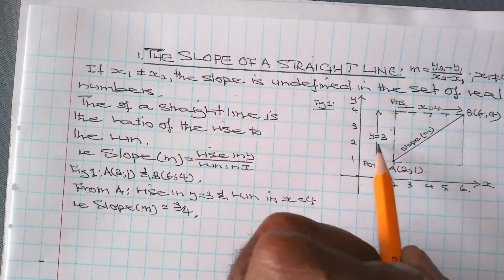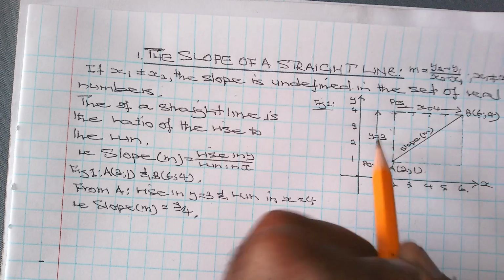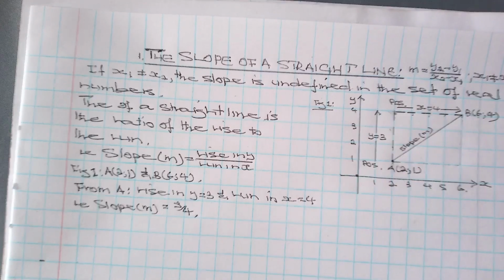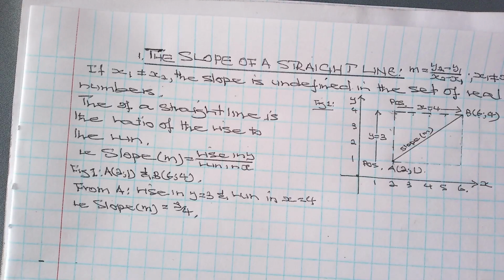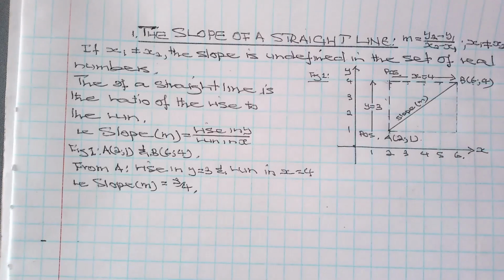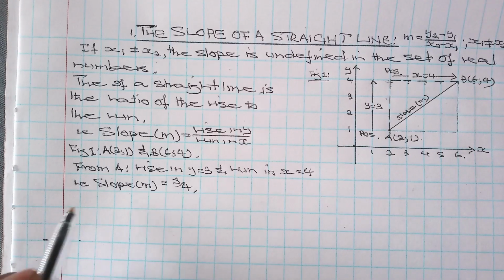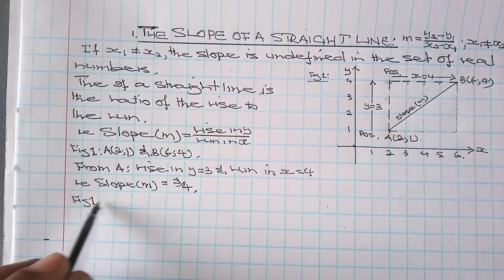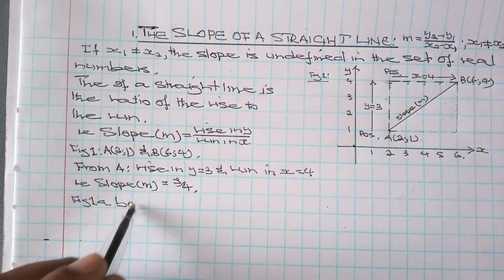Rise in y is 3, as I've indicated here, and run in x is 4. Now, I'm going to show you an alternative approach. Let's take figure 1a below.